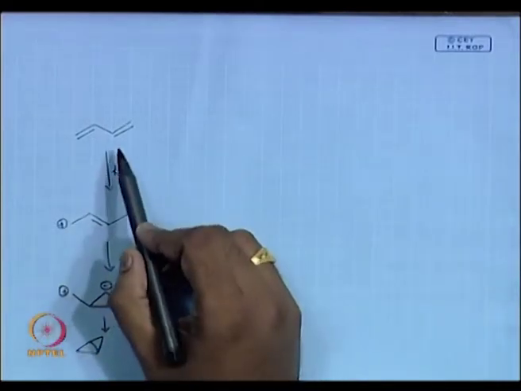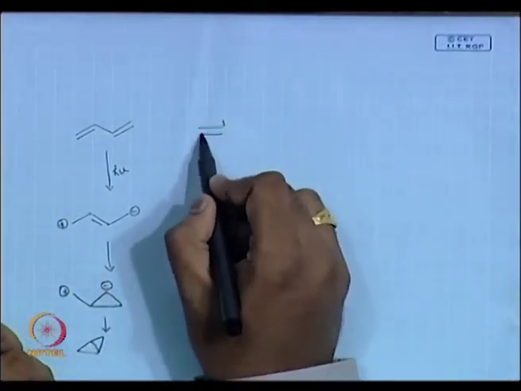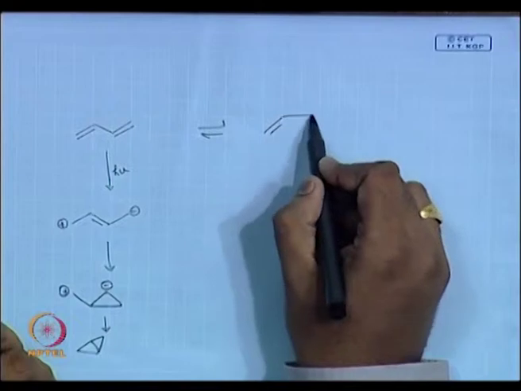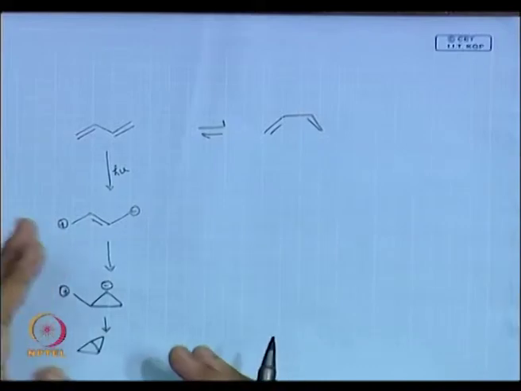Now, you know that if you take this butadiene, it exists both in trans as well as cis form. So, it will always be in this type of equilibrium, right. You have cissoid as well as transoid form. So, when you are irradiating, both the forms are irradiated.